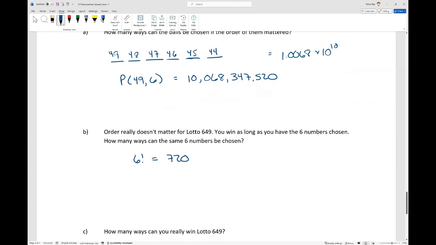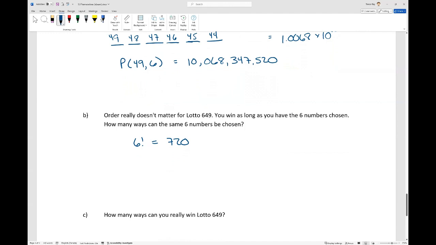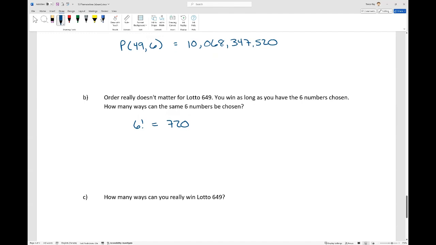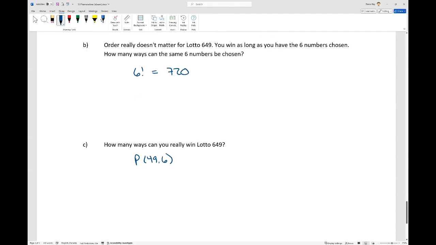So part C is, how many ways can you really win the Lotto 649? Well, according to what we said, if order mattered, we could have 49 pick 6 tickets. But since each winning set of numbers is going to be represented 6 factorial times, I'm going to divide that by 6 factorial, the number I got in part B, to basically unscramble the numbers to show that the order really doesn't matter.